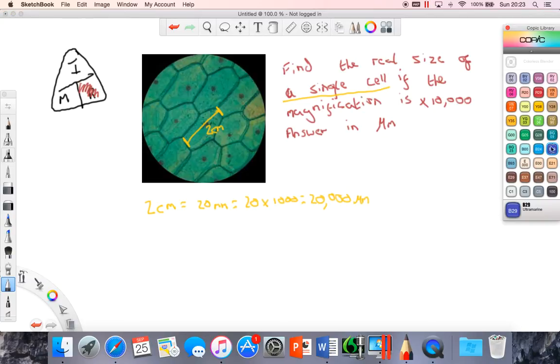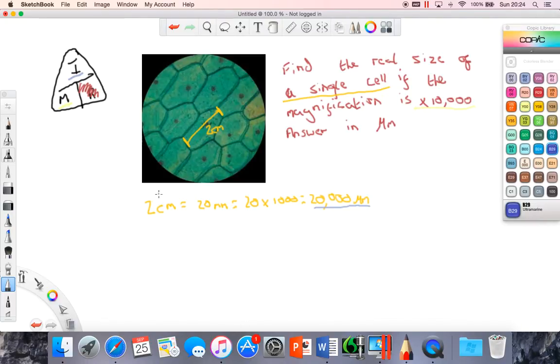So if I just get a couple of colours so I can show you where I'm getting these numbers from. Our image size is 20,000 micrometers, whereas our magnification is 10,000. You've been given that in the question.